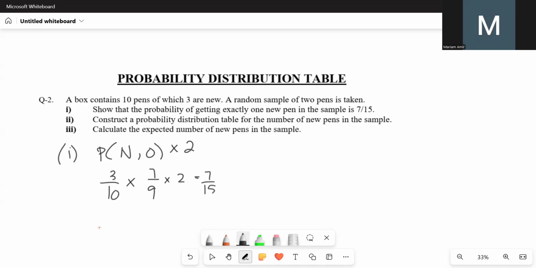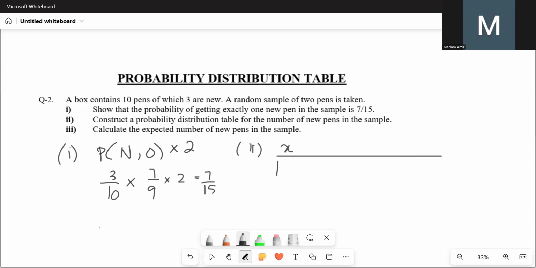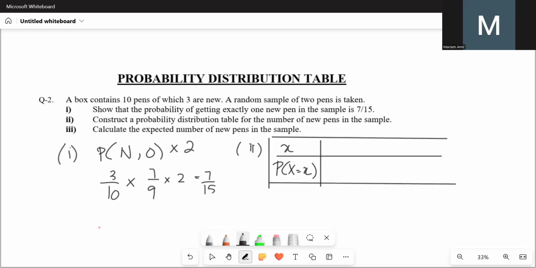Okay. Part 2. Construct a probability distribution table for the number of new pens in the sample. For that, you make an x here, and probability of X equals x here. Now, this table is for the number of new pens selected.